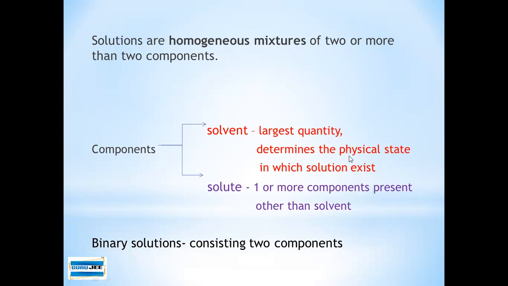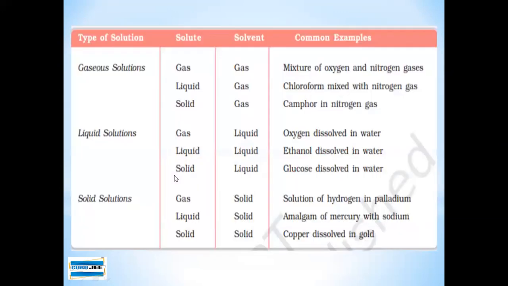But lime water is not an example of binary because there are three components: water, sugar, and lime. So that's not an example of a binary solution. Okay, that's the first intro part of solution. Let's see different types of solutions. I have already said there are gaseous solutions, liquid solutions, and solid solutions.